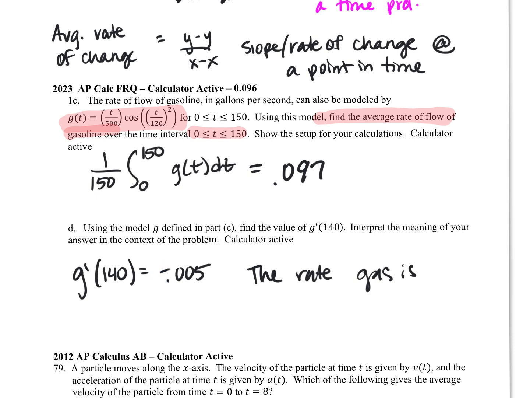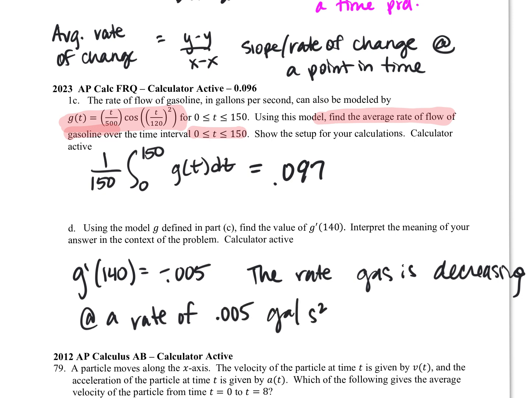Decreasing, right? Because it's negative. Decreasing at a rate of 0.005 what per what? Good. Gallons per second, or gallons per second squared at t equals 140 seconds.